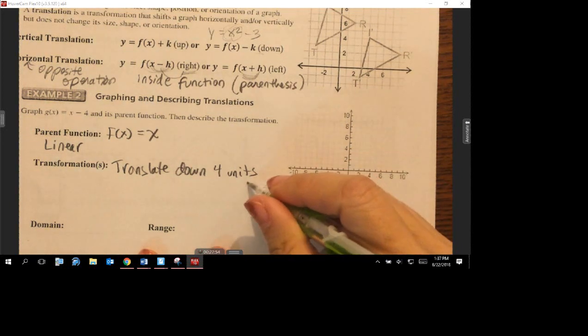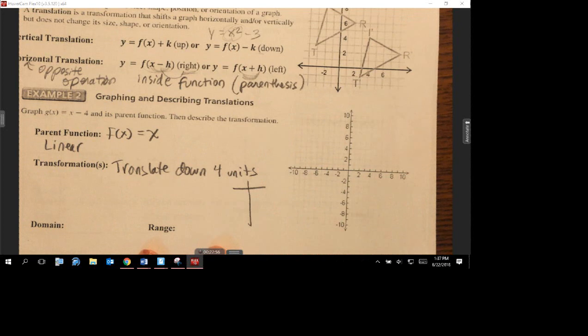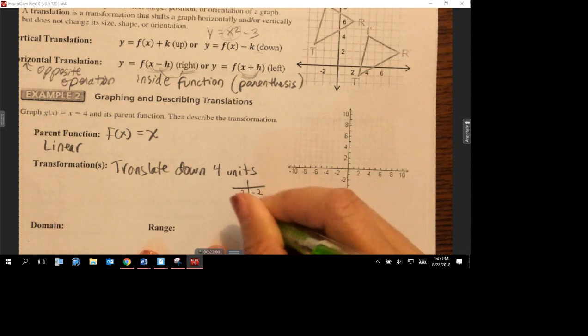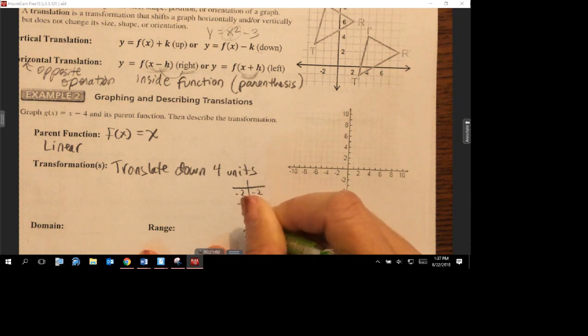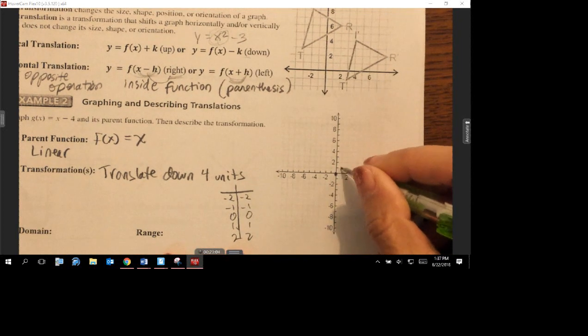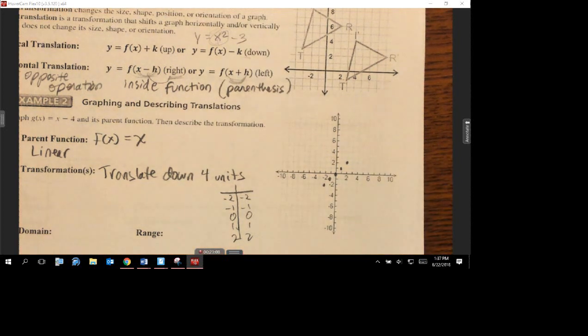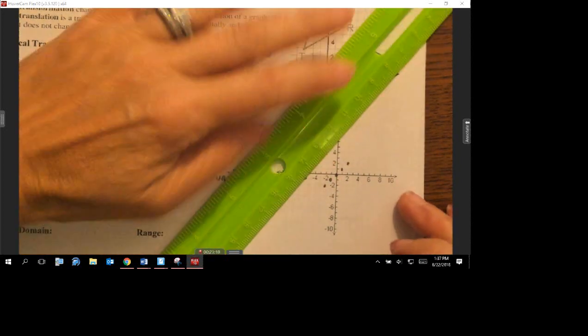In your parent function, you have the ordered pairs from the previous page: -2, -2, -1, -1, 0, 0, 1, 1, 2, 2. You're going to graph these dashed. So you use your straight edge and make a dashed line.